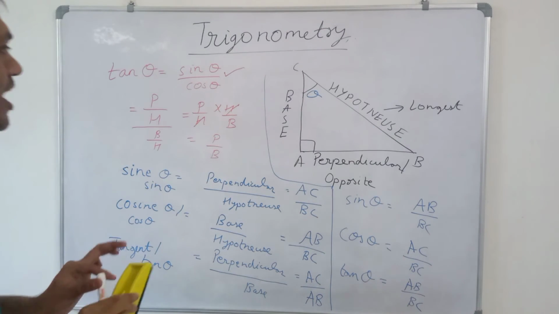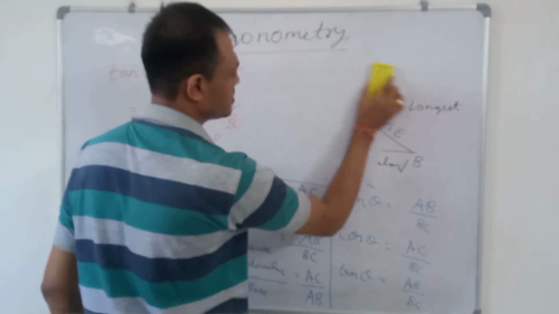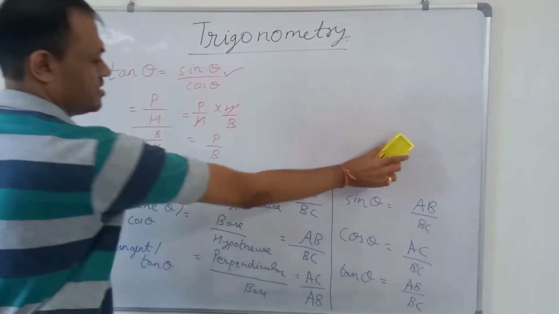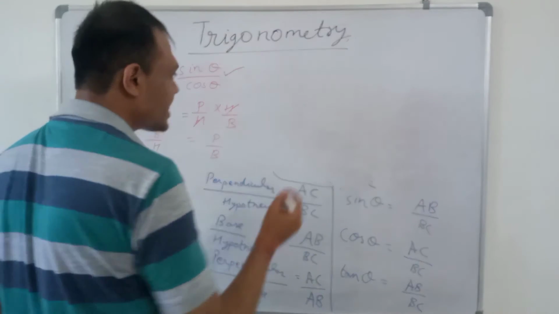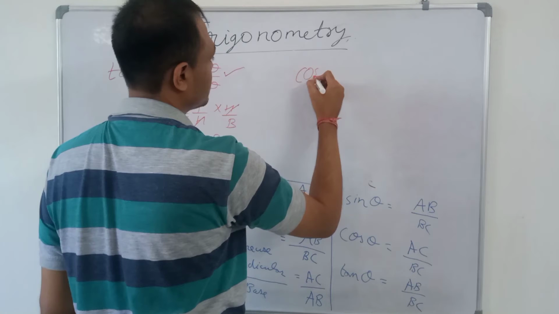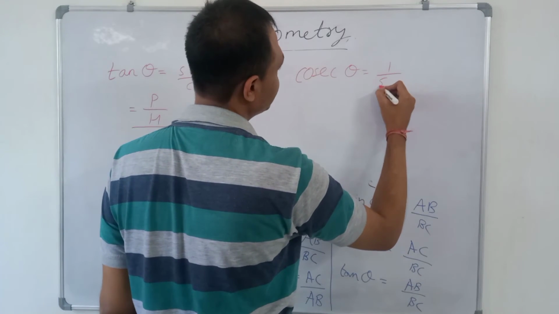Now we will study the opposite ratios. There is cosec theta. Cosec theta is equal to 1 upon sin theta.